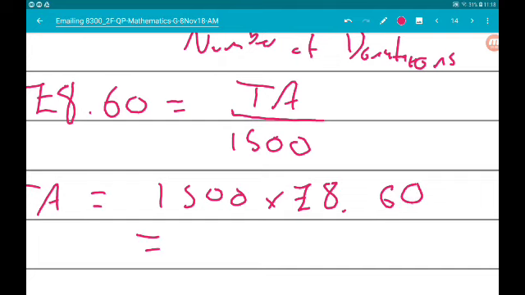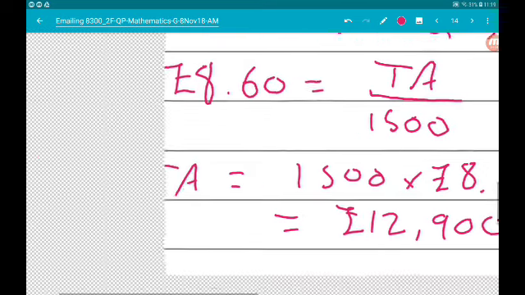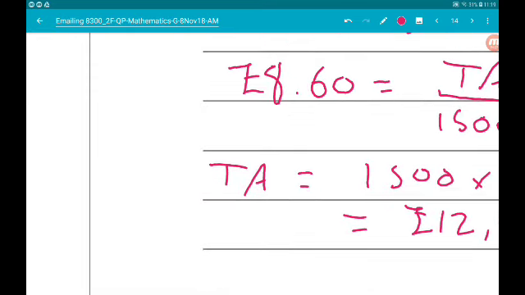So let's work out what that is. Okay, so that's going to give us £12,900. So that, again, that's the total amount donated.